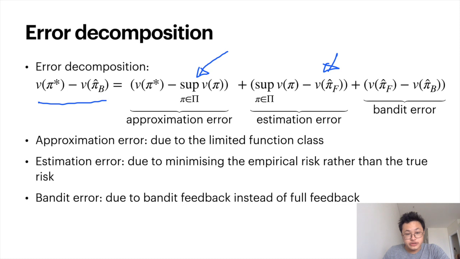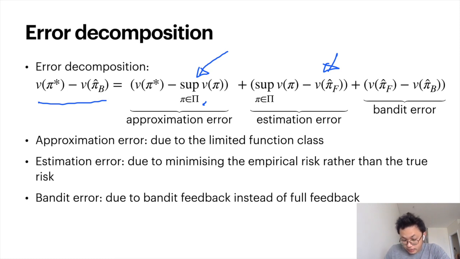The approximation error, which is the first term here, is due to the limited function class capital Pi that we use. The estimation error is due to minimizing the empirical risk instead of the true risk.